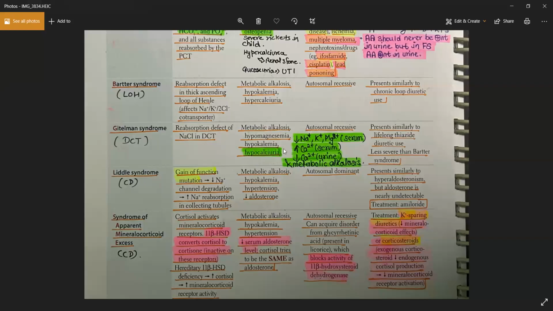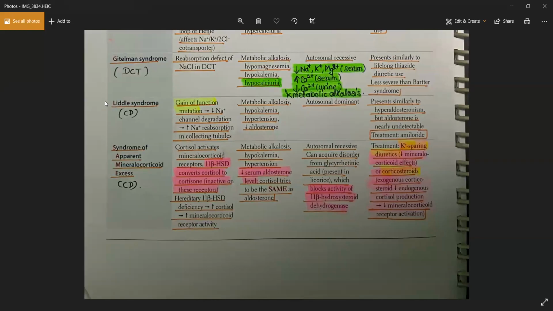You will also have hypokalemia, right? All the side effects of the thiazide diuretics. So whenever you hear about Gitelman syndrome, think about the thiazide diuretics all the time. Every effect is similar to that of the thiazide diuretics: low calcium in the urine, high calcium in the serum, metabolic alkalosis, and loss of sodium, magnesium, and potassium in the serum, right?